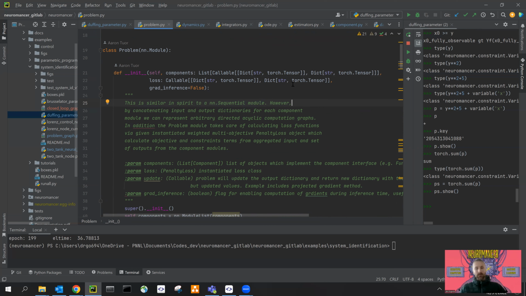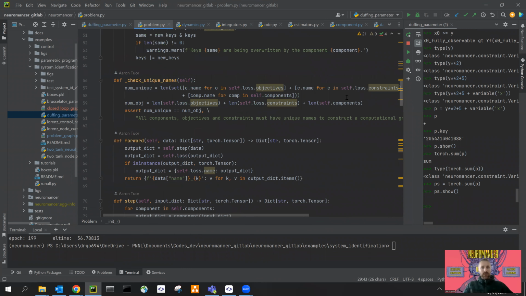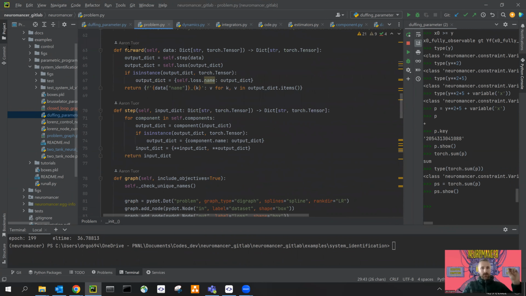And in addition, the problem will calculate the forward pass of this computation graph and provide you with the scalar value loss function via this aggregator for backpropagating in the gradient-based optimization. So I'm not going to go into much details into internal mechanics, but the forward pass is very simple.